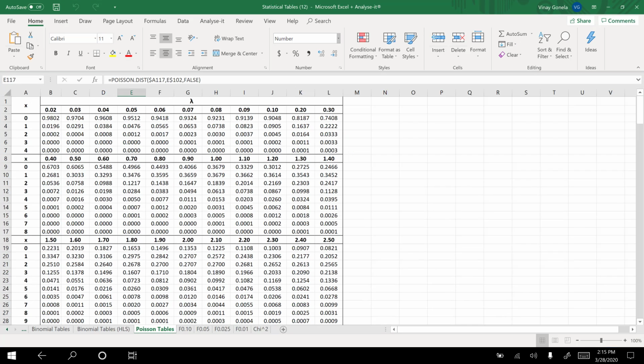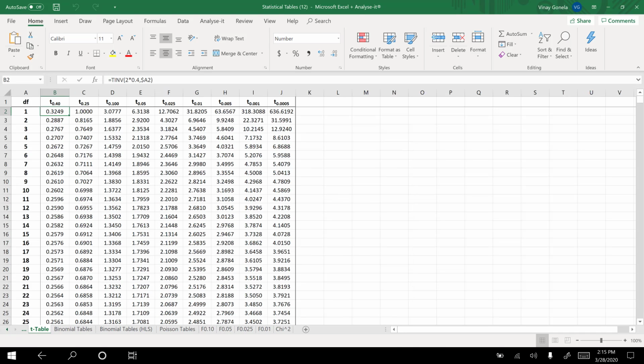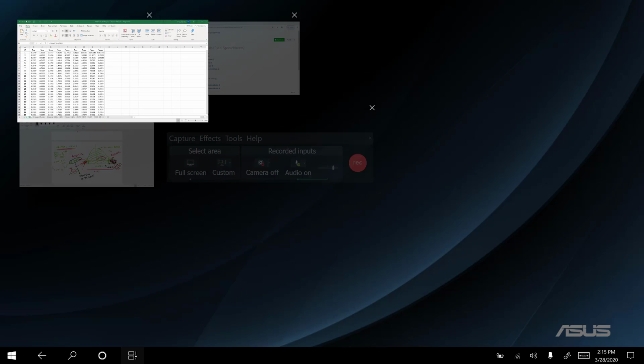Currently I am in the Poisson table and I have to go to the t table. So this is the t table and I am looking for t 0.025, and the degree of freedom I think is 15.